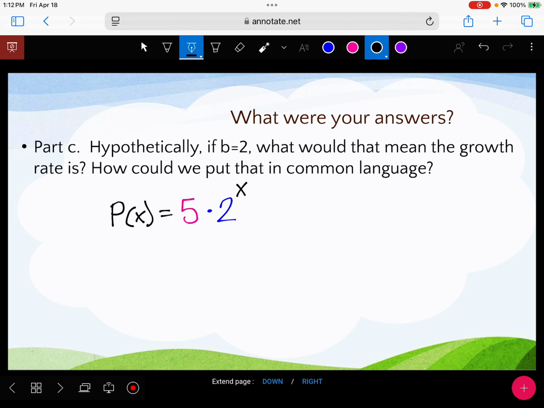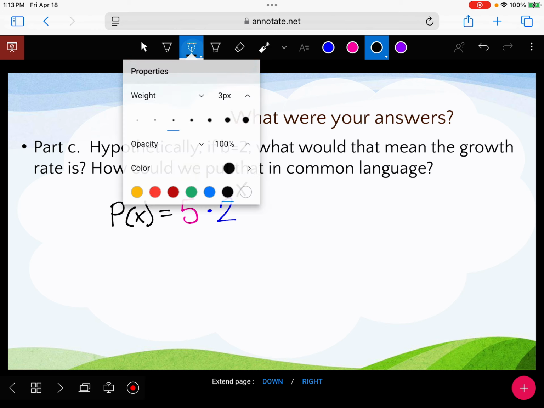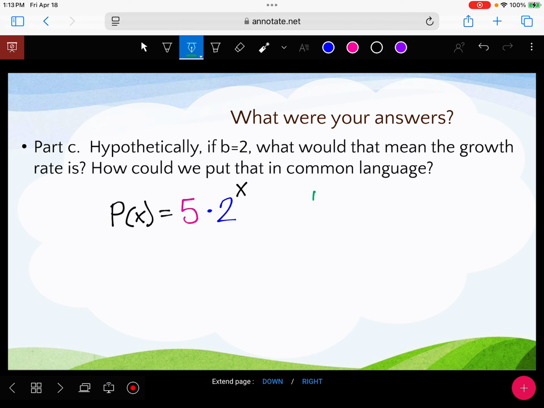So hypothetically, just looking at this, what is our growth factor? They don't ask this part, but I'm going to. Our growth factor is 2. What is our growth rate? 1. Or as a percent?